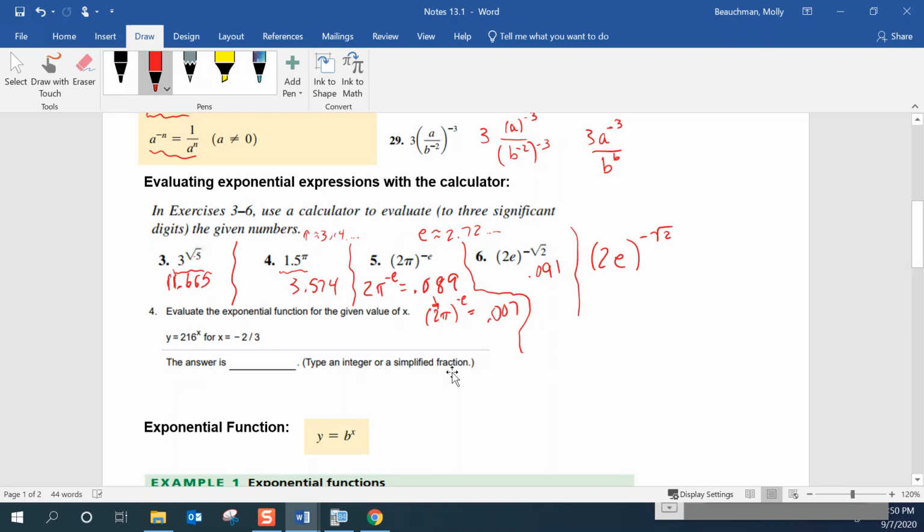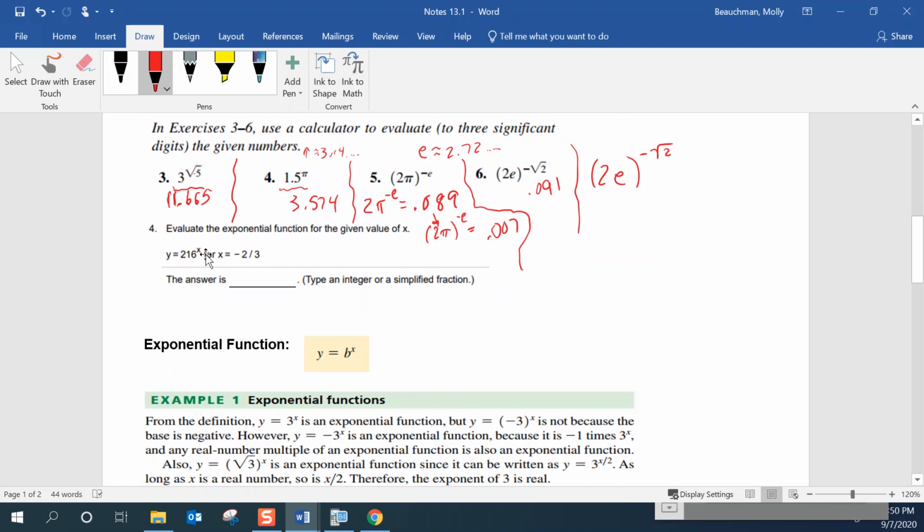Okay. So next one, this is a problem from homework. It says evaluate the exponential function for the given value of x. Y equals 216 to the power of x if x equals negative 2/3. So this is asking it in a slightly different way. We're looking at it as a function, 216 to the power of x to the power of negative 2/3.